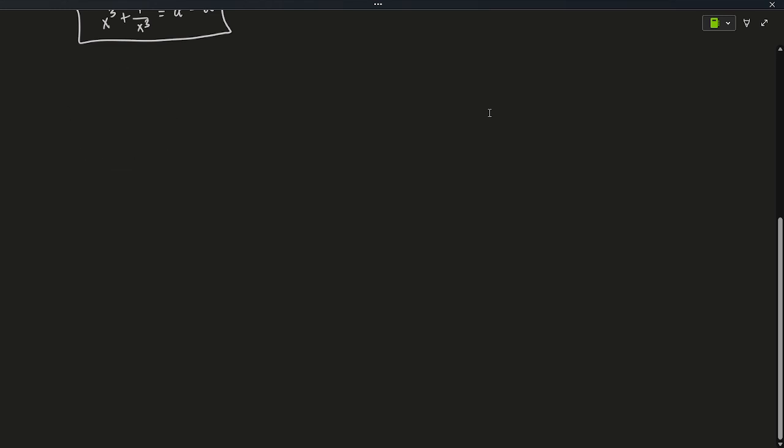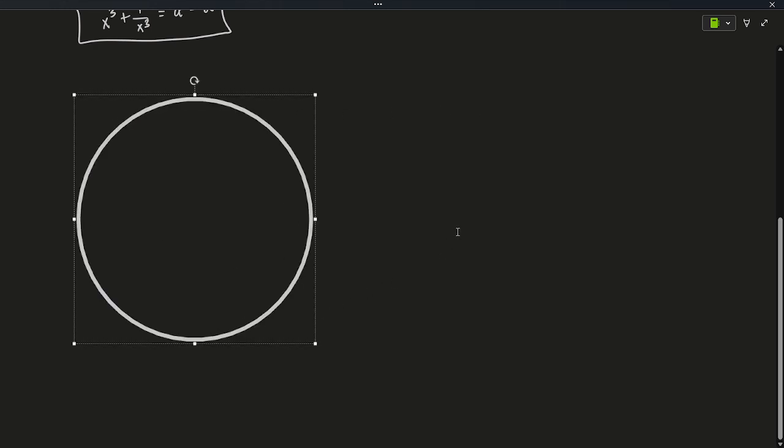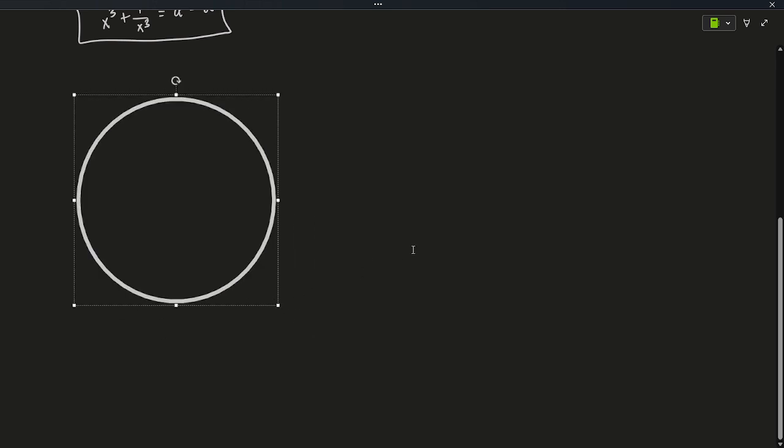But shoot, let me draw a shape. So that's a circle. There are many different properties of a circle that are important to know. Let me actually make this bigger. One of the properties is what is the radius, what is a chord, what is the diameter.